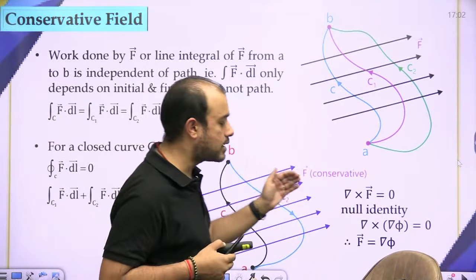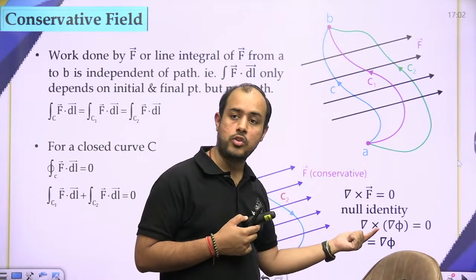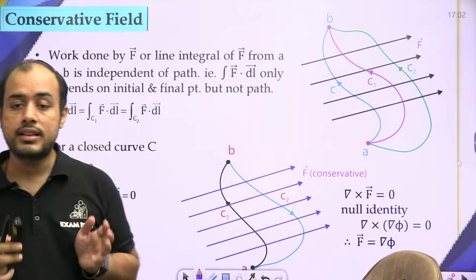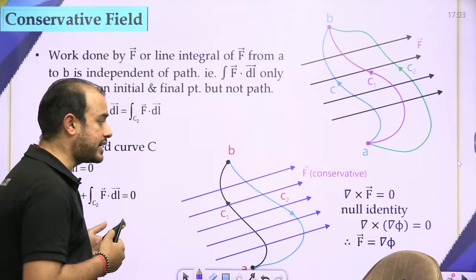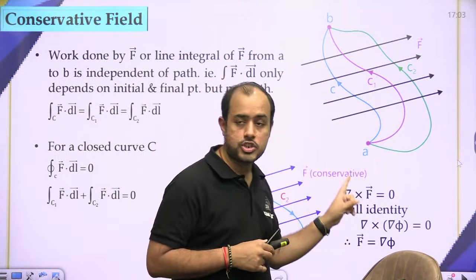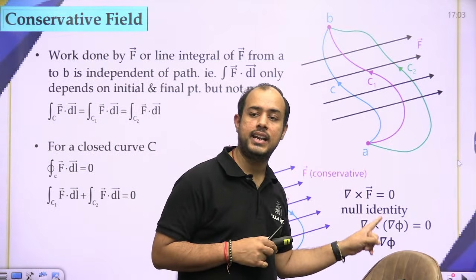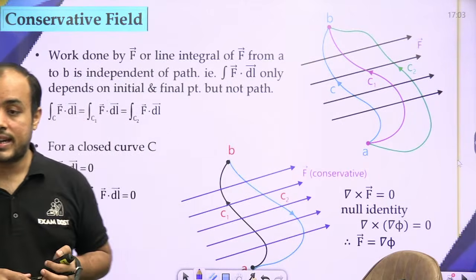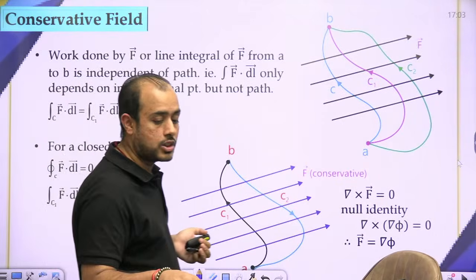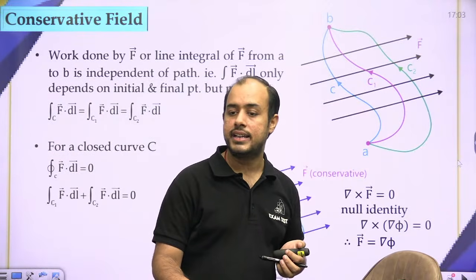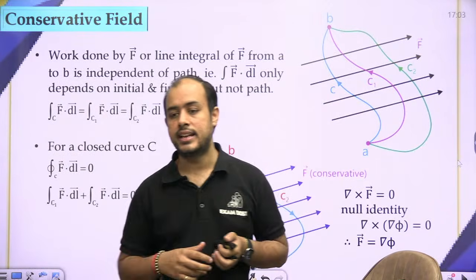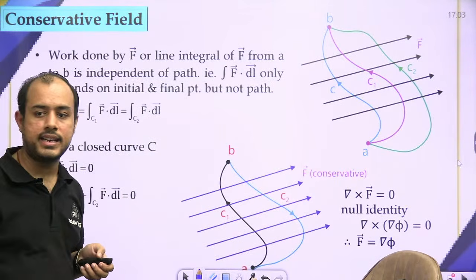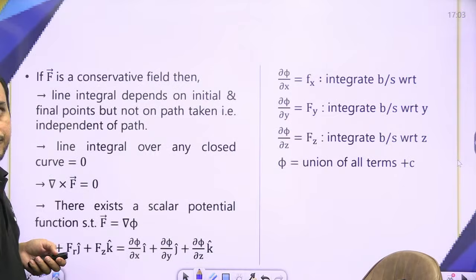Now what is a conservative field where the curl is 0? You also know one null identity, that curl of gradient is 0. What this specifies is that if the vector field is conservative, we should be able to write the vector field as the gradient of a scalar field. अगर आपकी वेक्टर फील्ड कंजर्वेटिव है तो उसका कर्ल 0 है, माने इसको किसी फंक्शन के ग्रेडियंट की तरह से लिखा जा सकता है। You should be able to express it as the gradient of some scalar field.